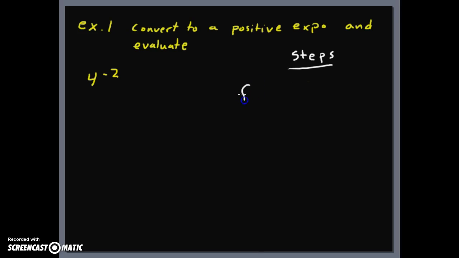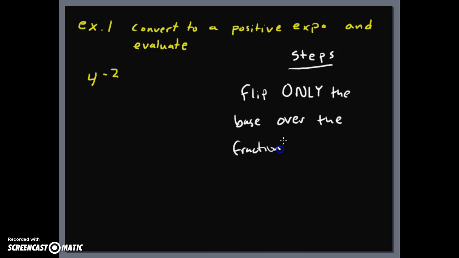What you're going to do is flip, and I should say only the base. So you're going to flip only the base over the fraction line, and in doing so, you've converted the negative exponent to a positive exponent.